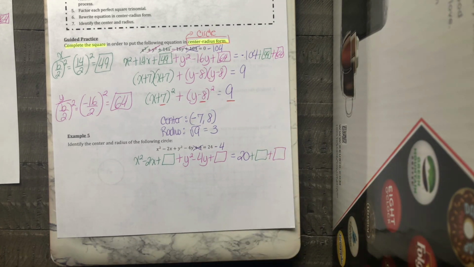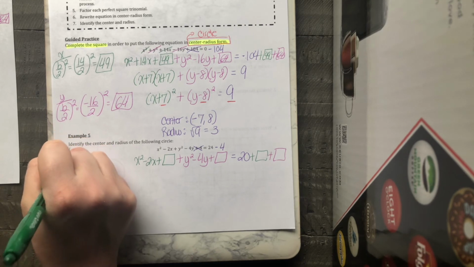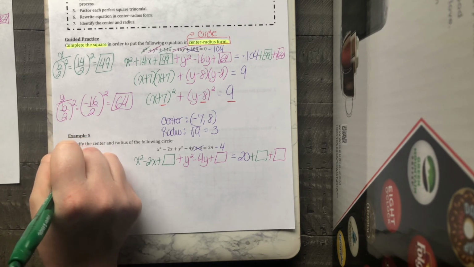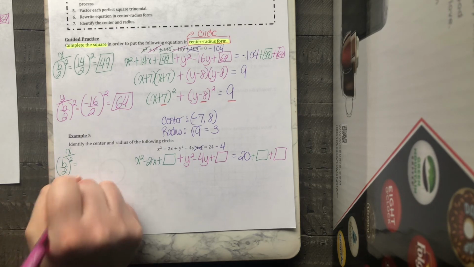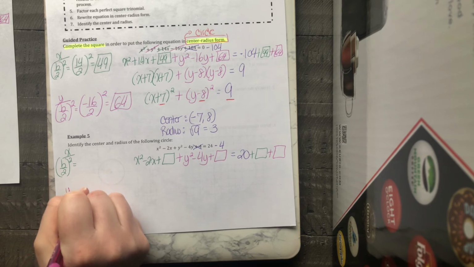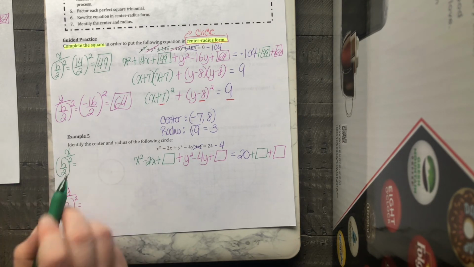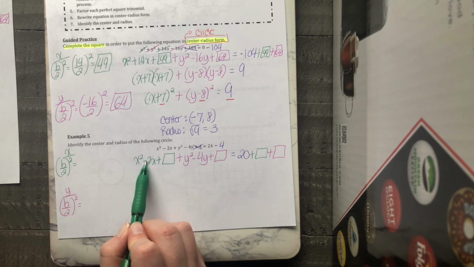And then just like we did before, now we're at step 4. All right, so we're going to kind of shortcut this now a little bit. I have to complete the square for x, which means I have to use the b over 2 squared formula. And I have to complete the square for y, which again means I have to use the b over 2 squared formula. So if I want to complete the square for x, my b value here is -2.